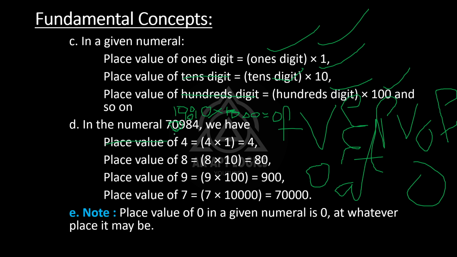Now coming to the place value of 0, it is 0 into 1000 because 0 is present in thousands place. So whenever 0 is multiplied with any number like 1000 or 10,000 or 1 or 2 or 3 or 4, any number, the resultant will always be 0. So from this we can say that the face value and place value of 0 is always 0. This is the point to note.